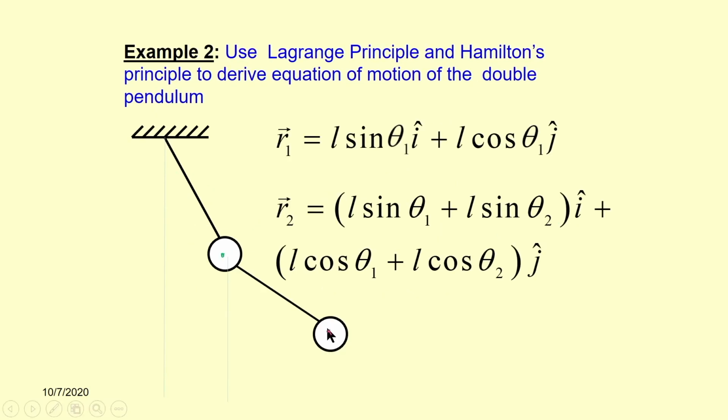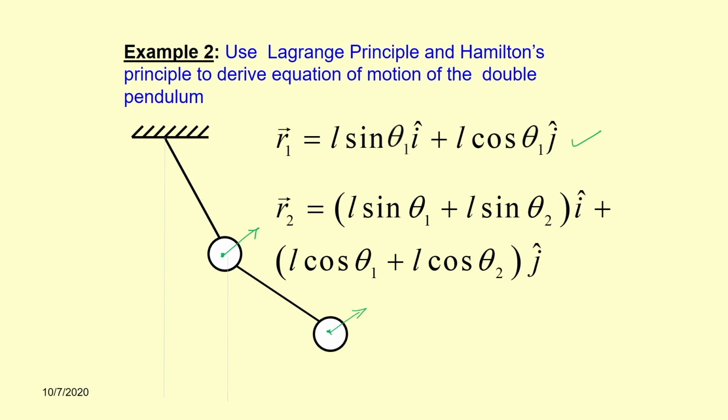First you can write the position vector r 1, which is the position vector of the first mass. Similarly, the position vector of the second mass you can write. After writing the position vectors of first mass and second mass, by differentiating you can write down the velocity term.